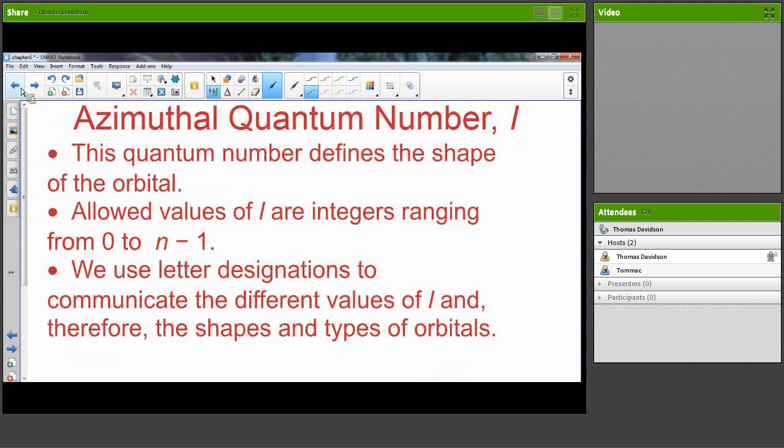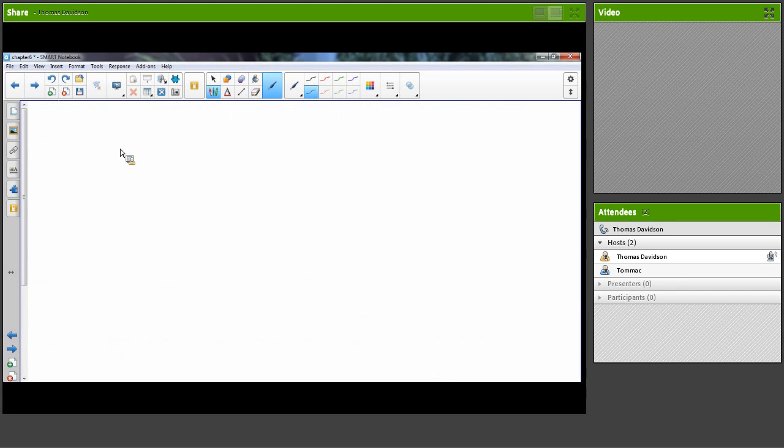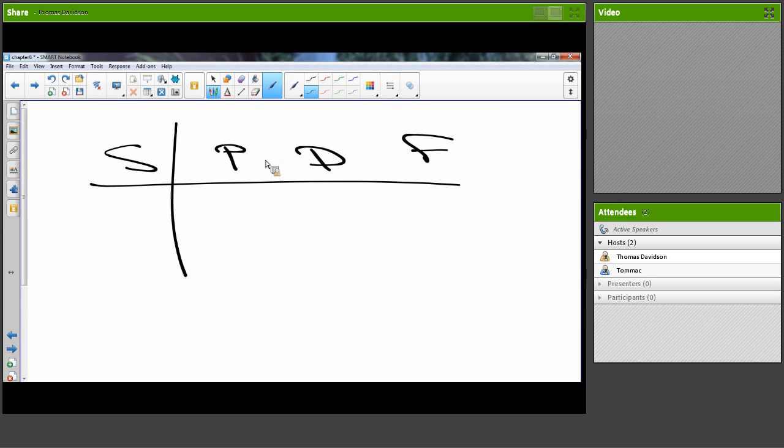Okay, before I get here, I want you to write this little table, S, P, D, F. And then I want you to put 0, 1, 2, 3.